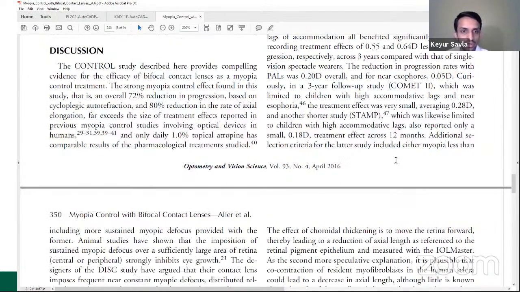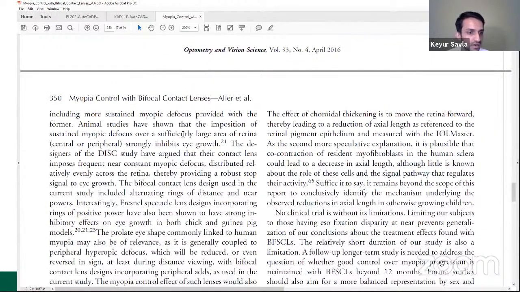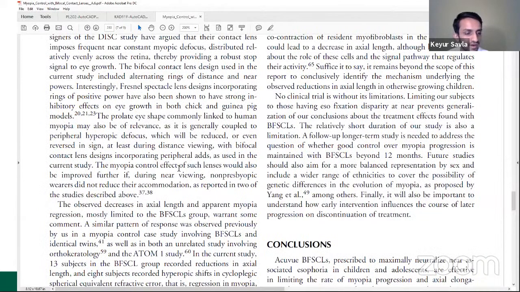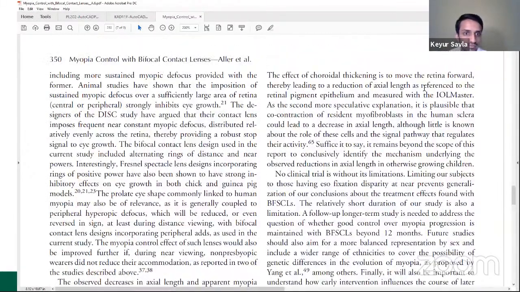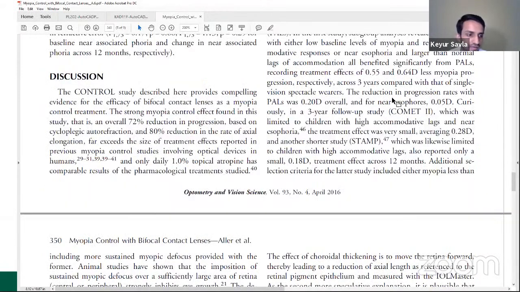So I'll go to the last line of this paragraph: the myopia control effect of such lenses would be improved further if during near viewing non-presbyopic wearers did not reduce their accommodation as reported in two of the studies above. So now if you want to understand the reasoning of why this study has failed or has been contrasted, this is the paragraph you want to read.